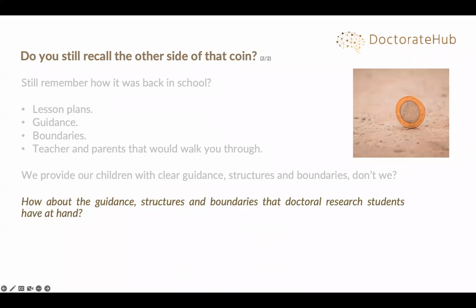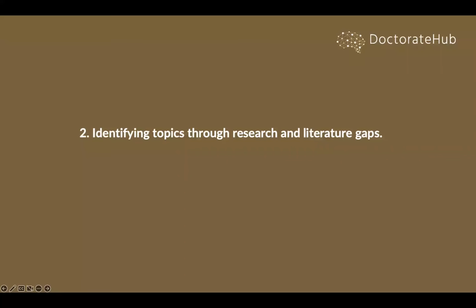in school. But how about the guidance, structures, and boundaries that doctoral research students, and again, in particular in the social sciences, have at hand? So this is quite different, and as initially said, choice comes at a price.